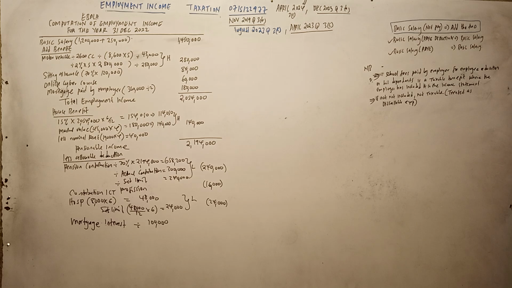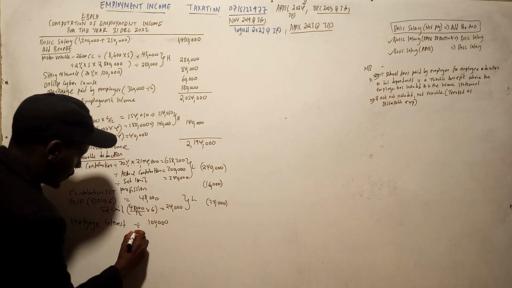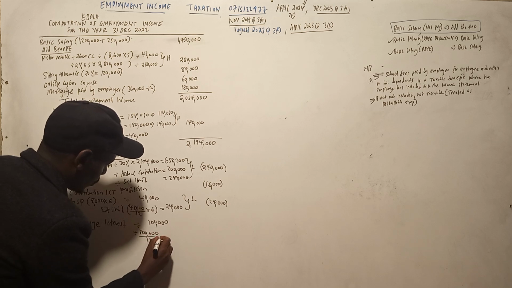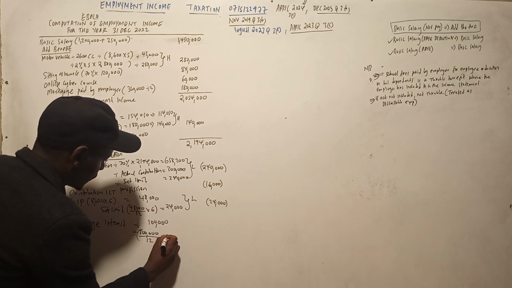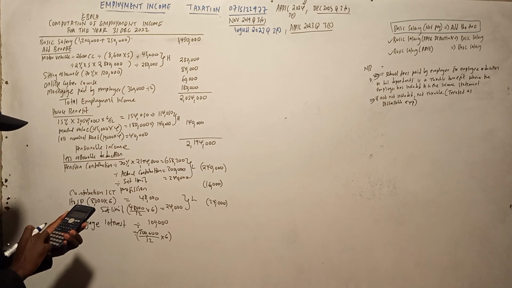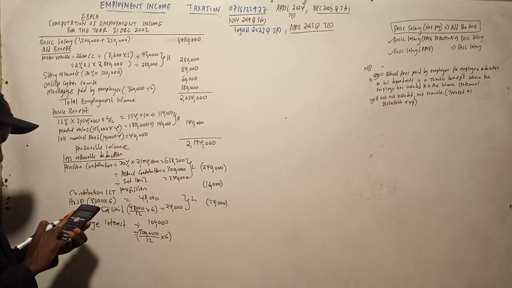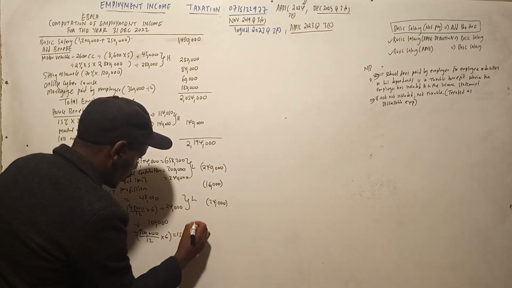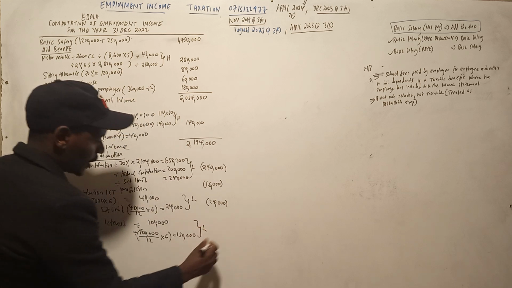Then set limit is 300,000 per year. So we multiply with 6, so 300,000 times 6, 150,000. So you take the lower. So the lower is 100,000.